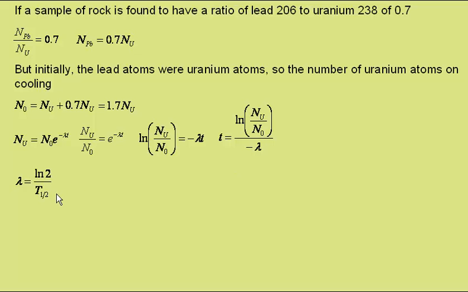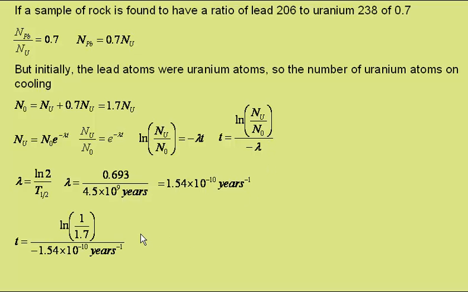But we also need to know the decay constant. And again, I'll find this out in years^-1, coming out at 1.54 × 10^-10 years^-1. We now have everything we need to put it into this expression, which I've done here, and this gives a time of 3.4 × 10^9 years.